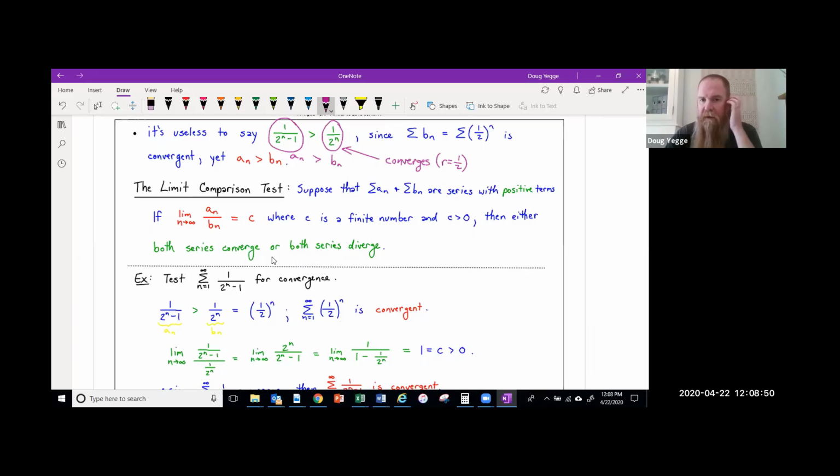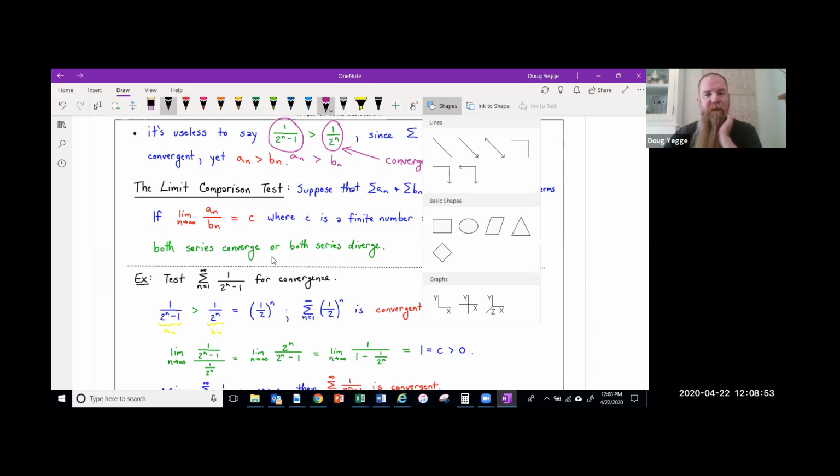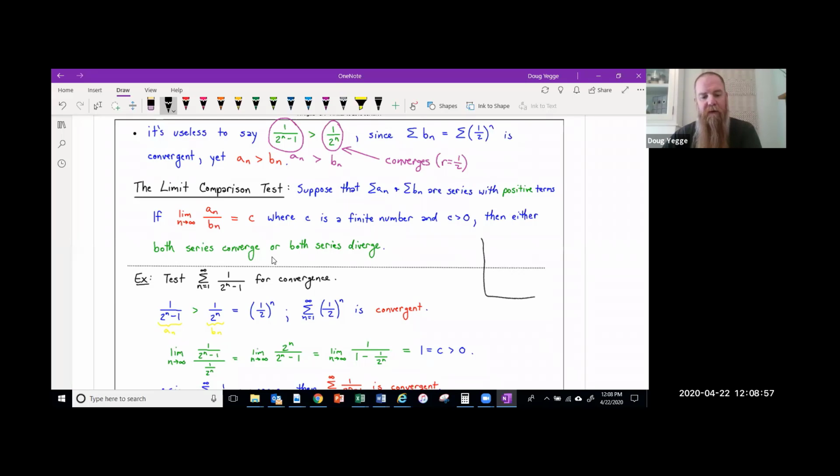Okay, but that doesn't help me, because if you think about the graph, if I just give you a graph right here, and I were to draw A sub n, if this is A sub n right here, and I know that A sub n is larger than B sub n, and you know that B sub n converges from 1 to infinity, then A sub n needs to add more on.